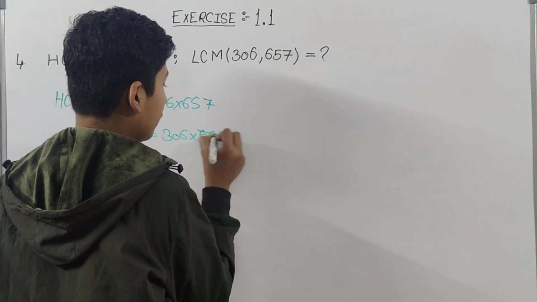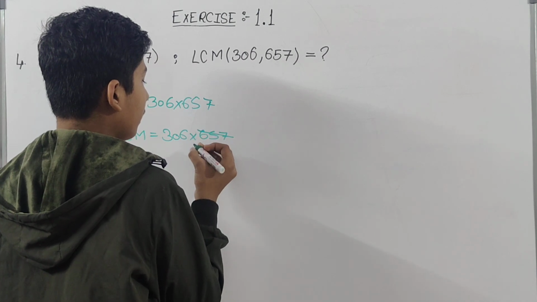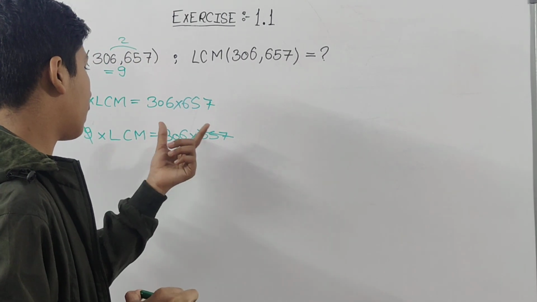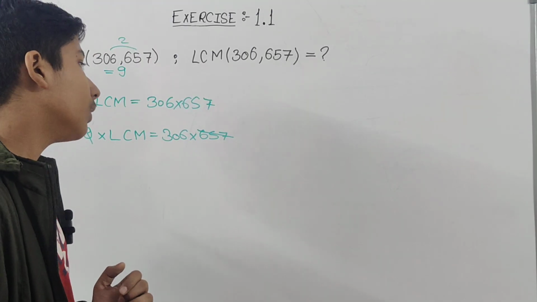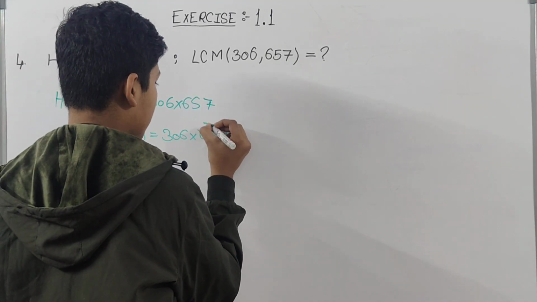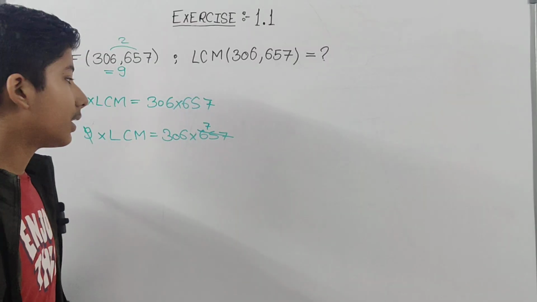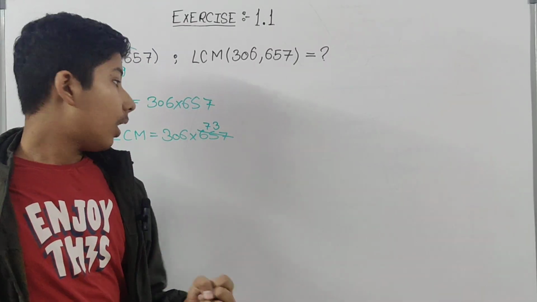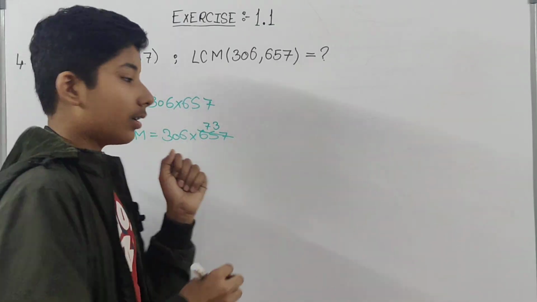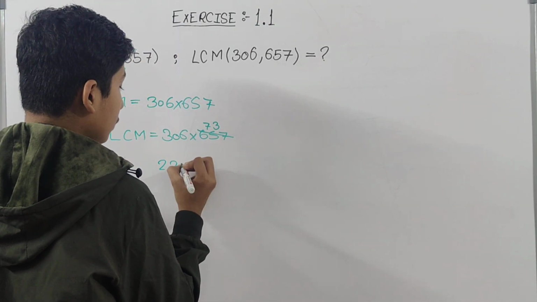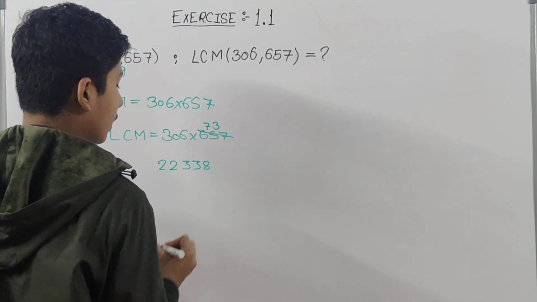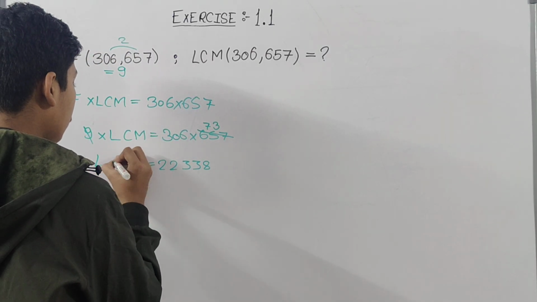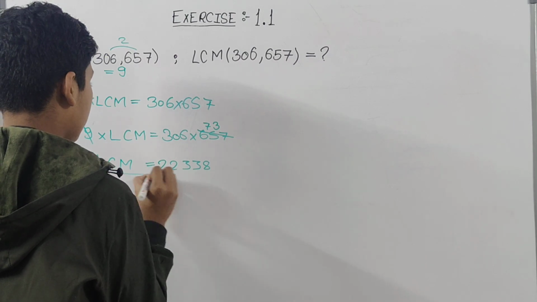So 9 4s are 36, 9 5s are 45, 9 7s are 63, so 2 are left, 27. 9 3s are 27. So 306 into 73 is 22338, which is equal to LCM.